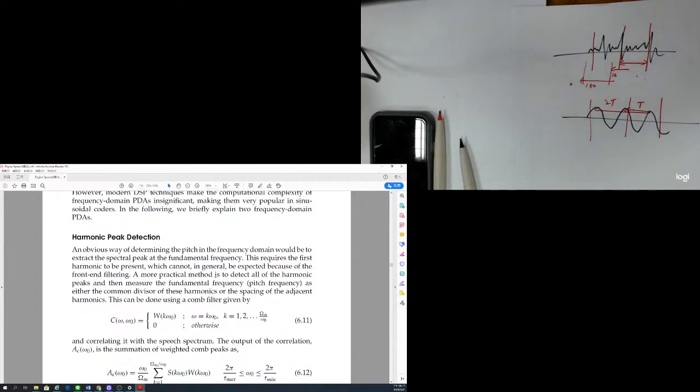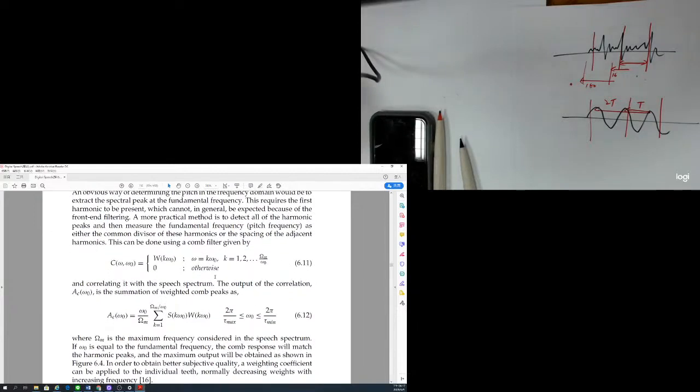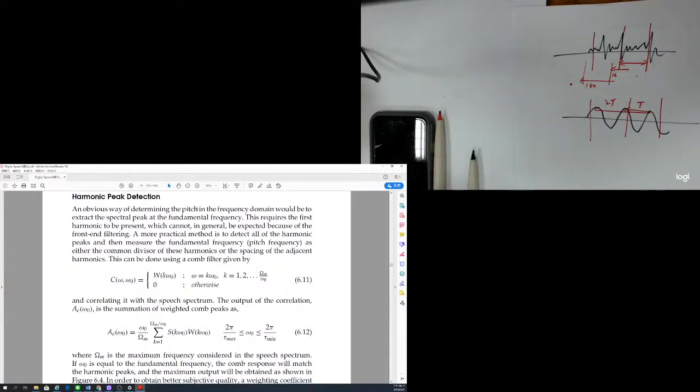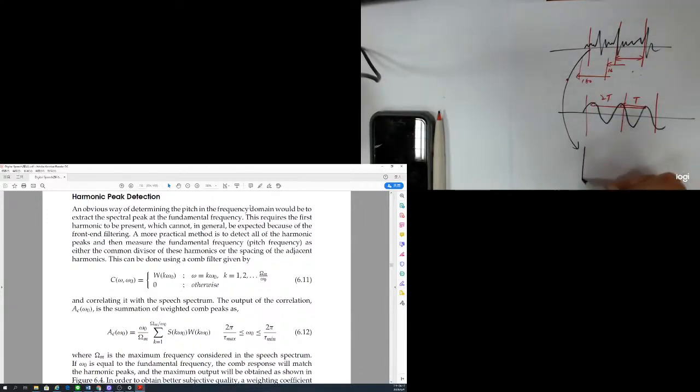Another method uses harmonic peak detection. Why? Because the previous one is from the time domain, and this one is from the frequency domain. You can see here that there are harmonics.